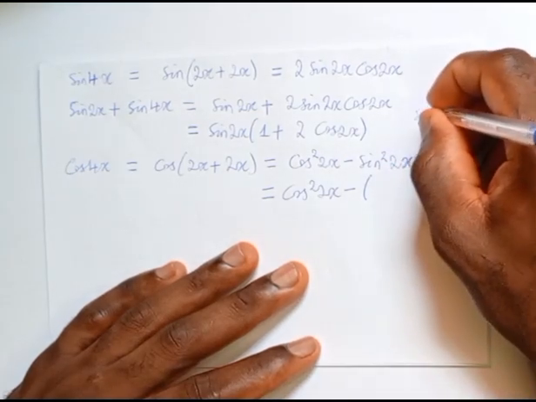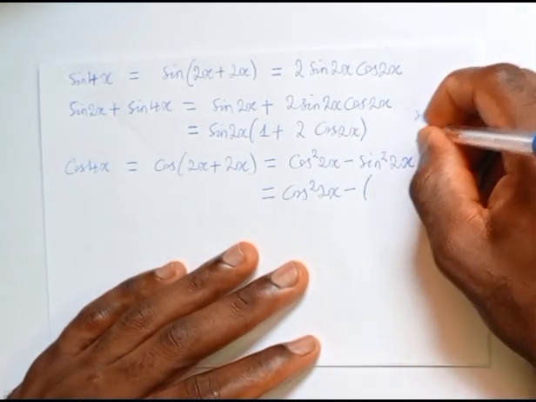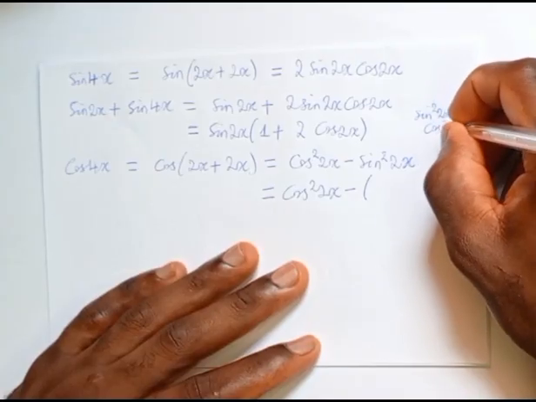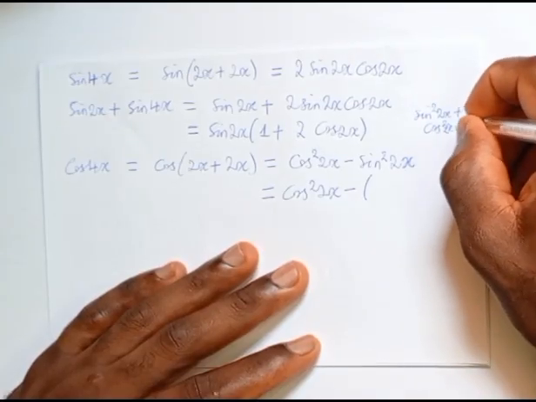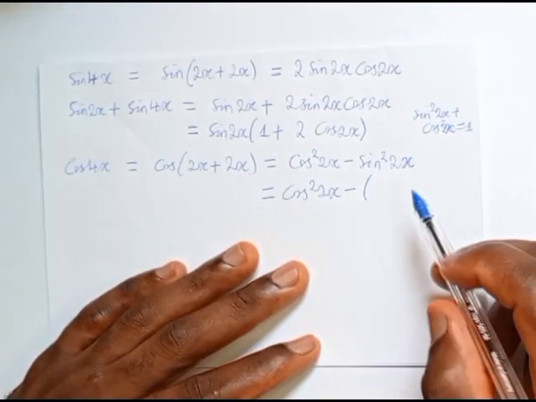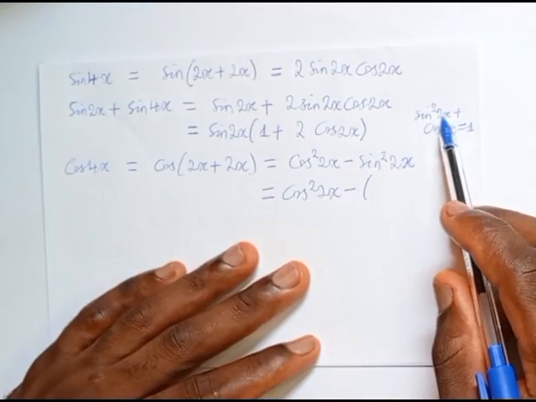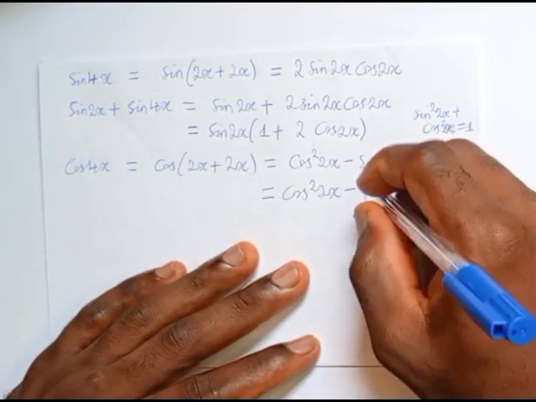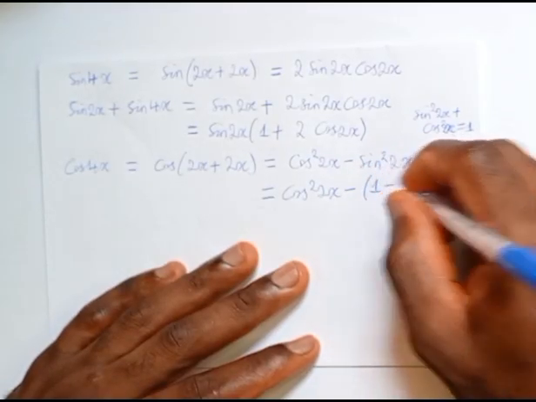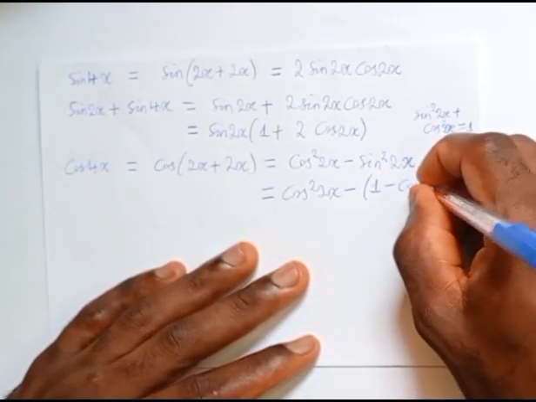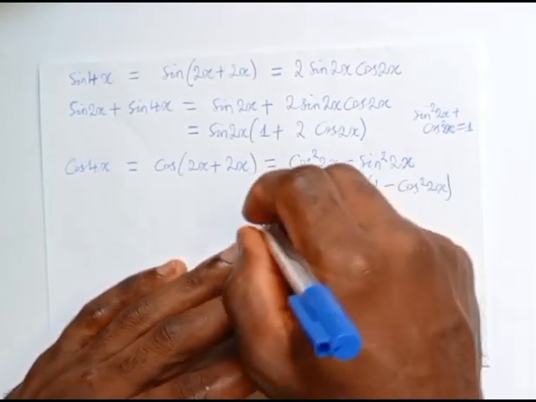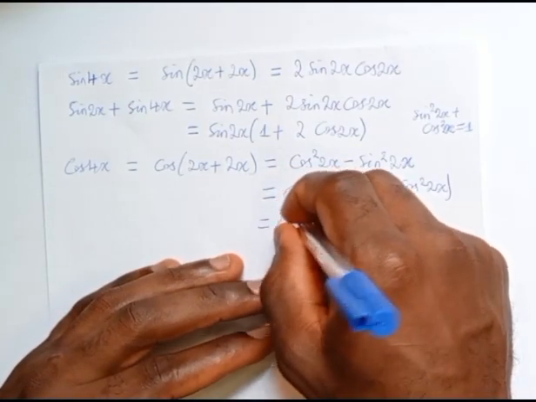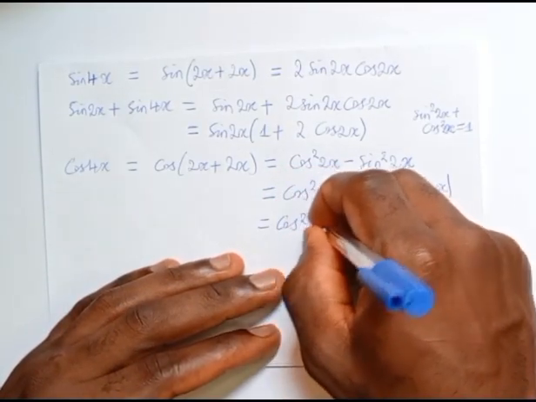Let me write it down. Sine squared 2x plus cos squared 2x is equal to 1. If we make sine squared 2x the subject of formula, it will simply be equal to 1 minus cos squared 2x. We'll replace it here with 1 minus cos squared 2x. This will be equal to cos squared 2x minus the bracket.